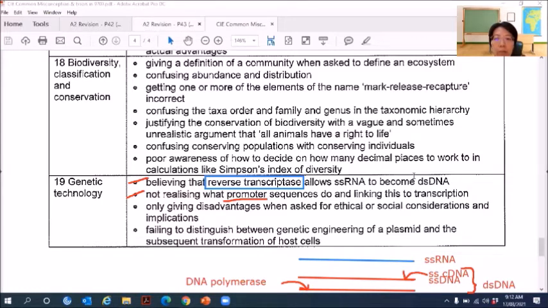I taught you to remember POS. Promoter, operator, and structural gene. So based on that, you know that the promoter is a region where RNA polymerase will bind to initiate the transcription of the gene, right? So the promoter is a region where the RNA polymerase will bind.